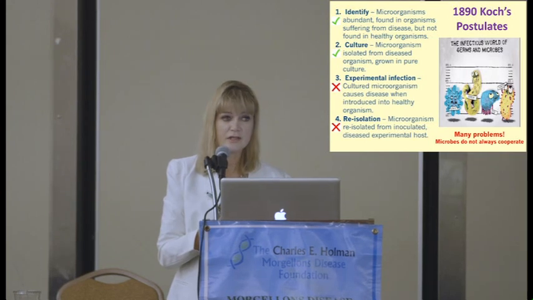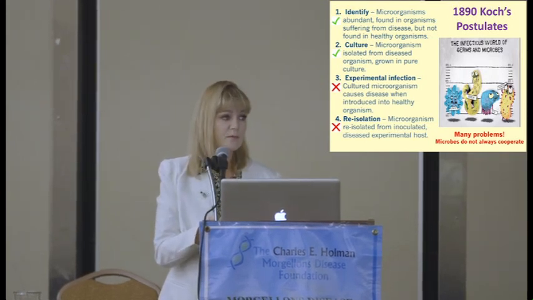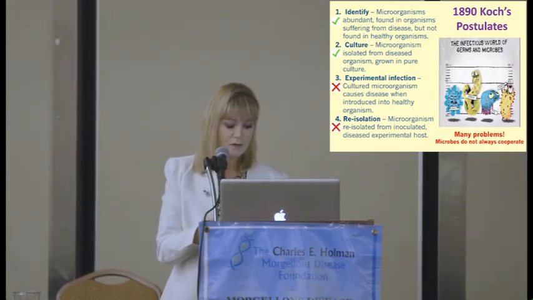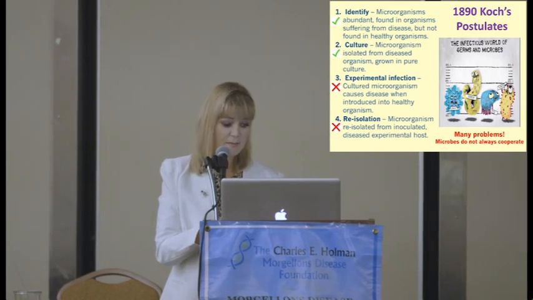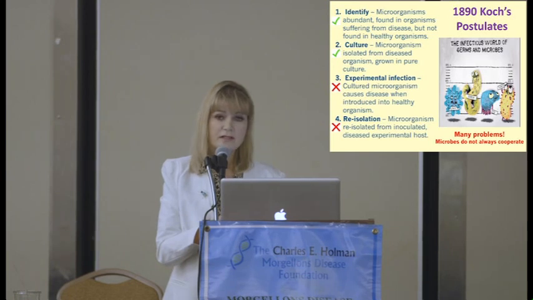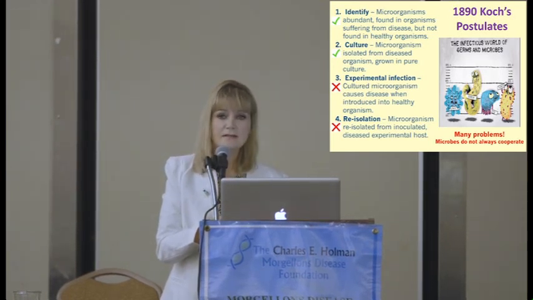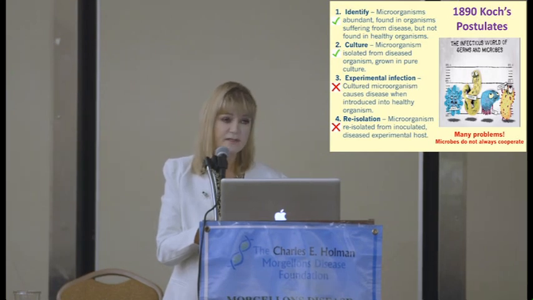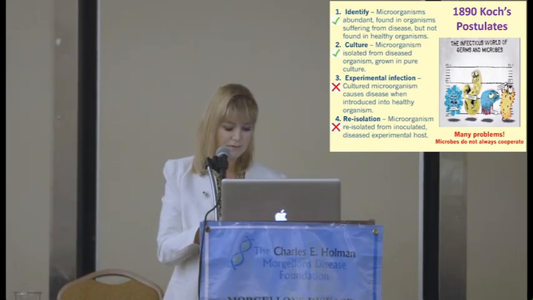proposed causative agent. There's a lot of problems with these postulates. So first of all, people can asymptomatically or subclinically carry a pathogen, so the disease might not occur in all those people who are infected, and disease symptoms can manifest differently in different individuals.